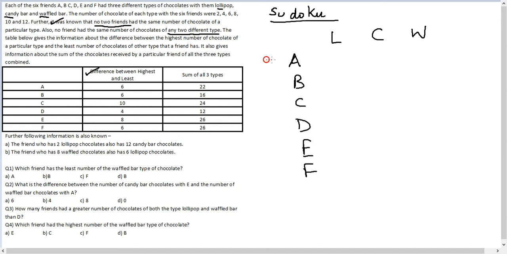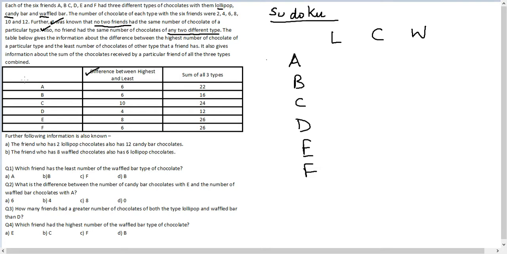The first line means that lollipops with A, B, C, D, E are going to be distinct numbers. And the second line, that no friend had the same number of chocolates of any 2 different types, means every row is going to be distinct.